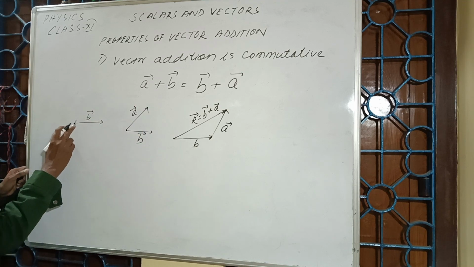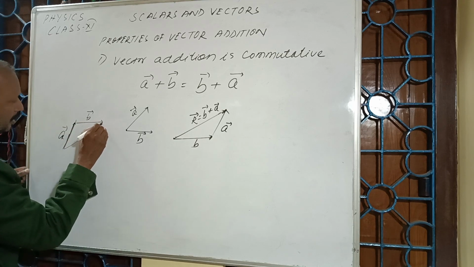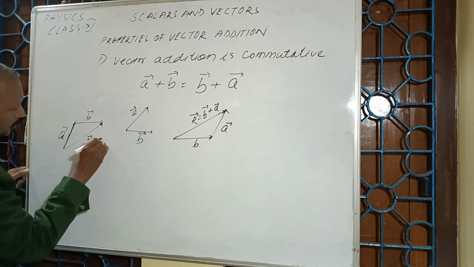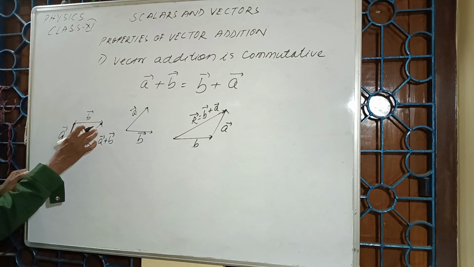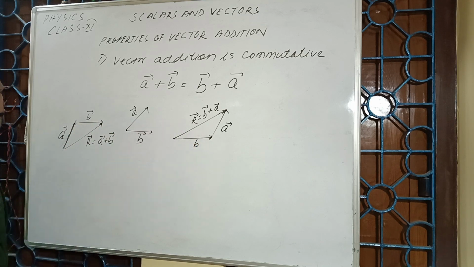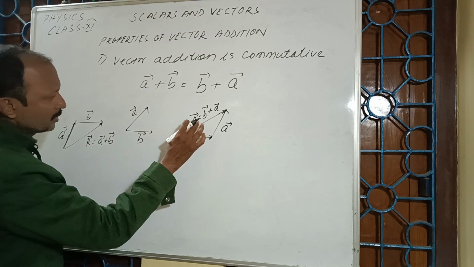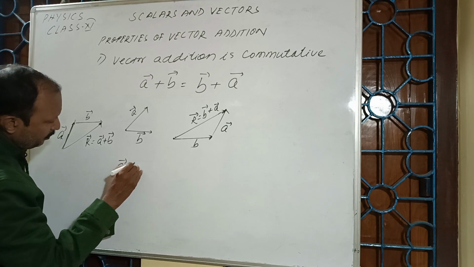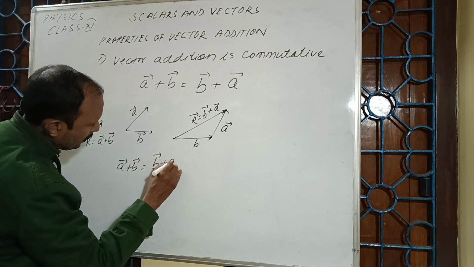So now this is the first vector, this is the second vector. So this one will be the resultant vector which is equal to A plus B. You observe that this one and this one are the same thing. So here this is A plus B, this is B plus A. That means A plus B is equal to B plus A.